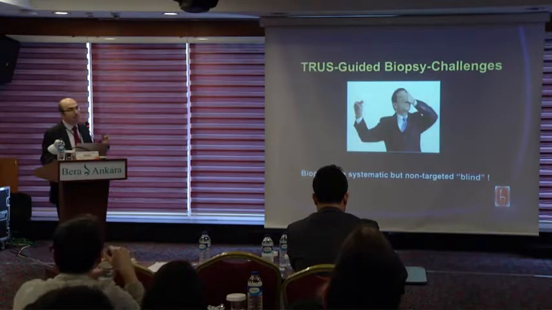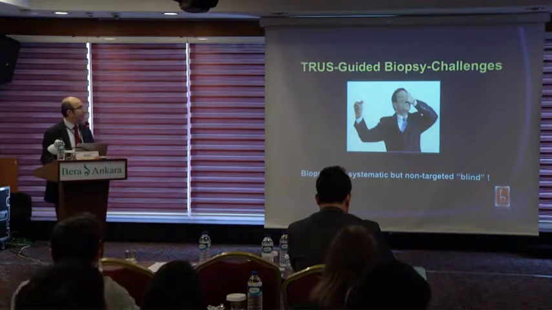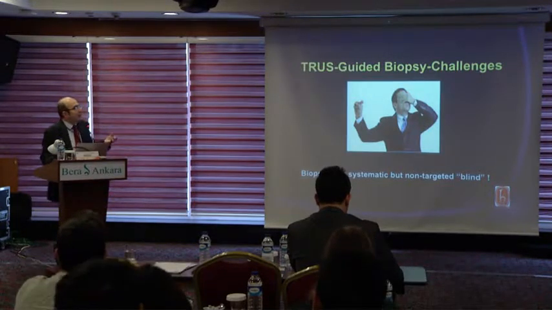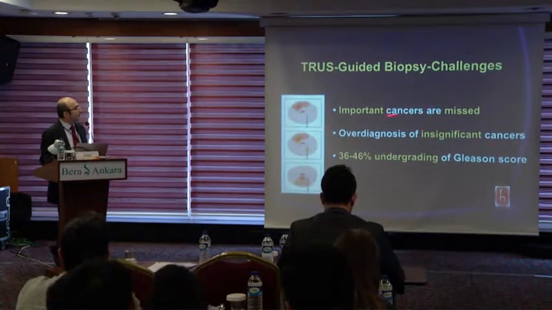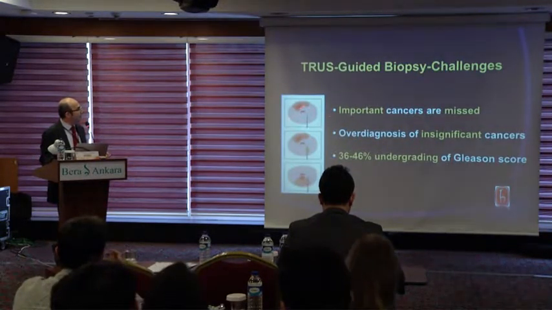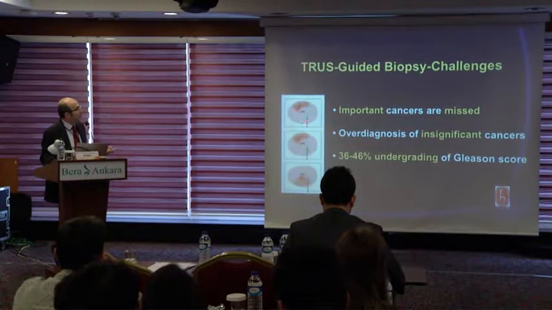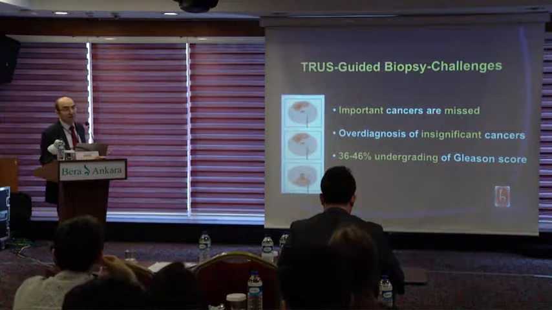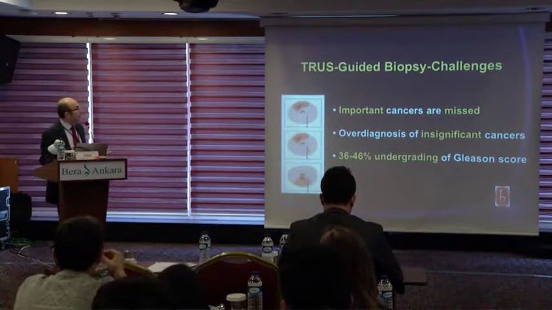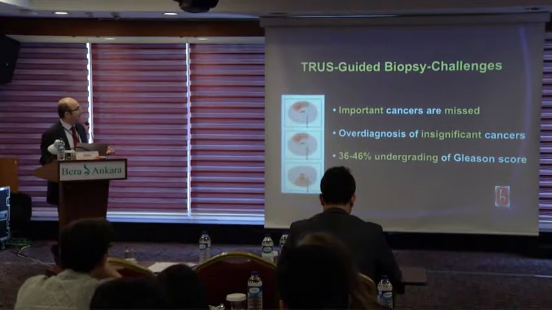We do, as I said, blind sampling. We cannot call it targeted with conventional biopsy. In this way, the important cancers can be missed. For example, it's not possible to see this significant lesion in general on ultrasound. So these cancers can be missed.